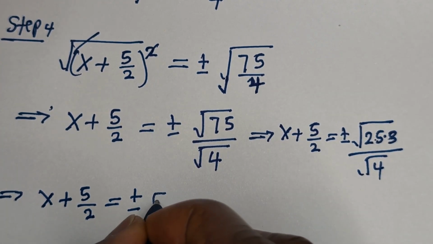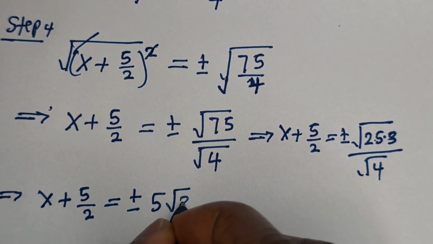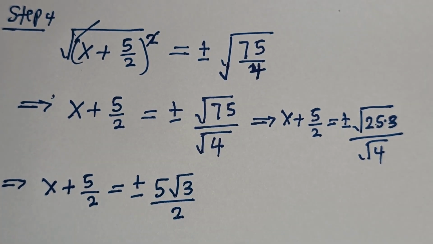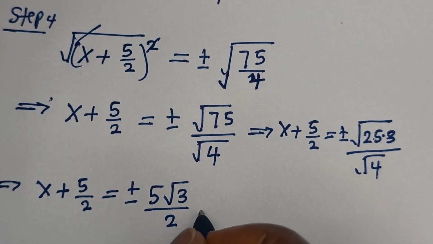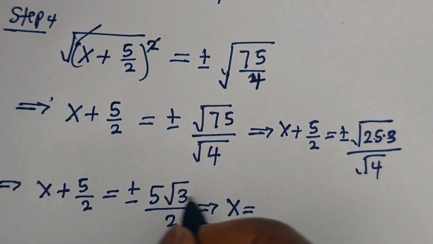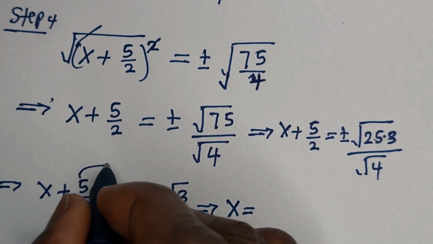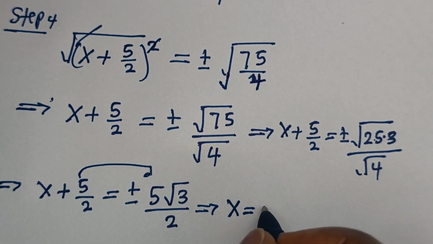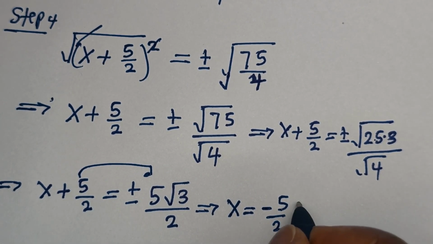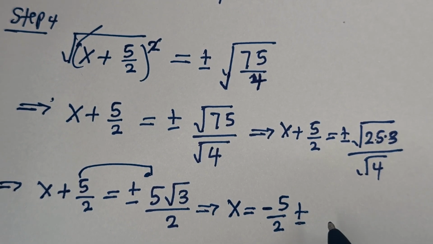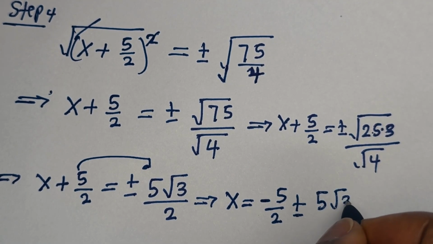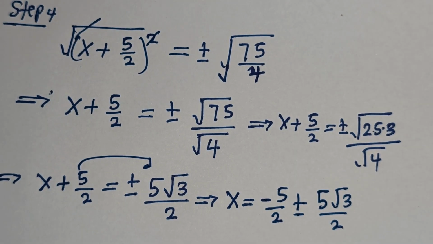This is 5 square root of 3 over square root of 4, which is 2. Then, therefore, x is equal to, if you take this to this side, it becomes minus 5 over 2 plus or minus 5 root 3 over 2.